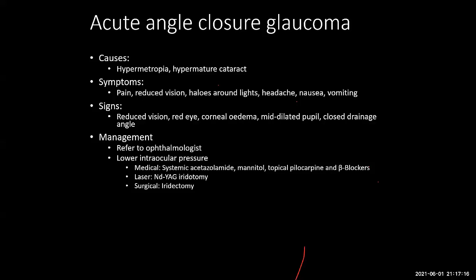Now, the second thing that we do is lower the intraocular pressure, medically with systemic acetazolamide and intravenous mannitol, and topical drops like pilocarpine and beta blockers like timolol. So the idea is to get the pressure down first, and then we use steroids to counteract the inflammation. The eye is heavily inflamed because of the raised intraocular pressure.